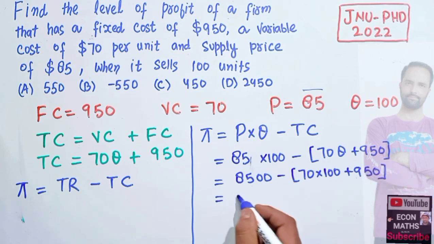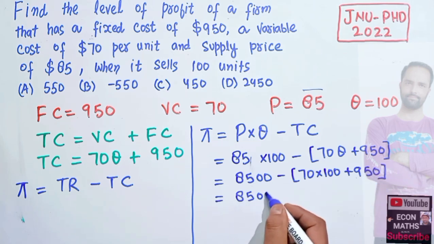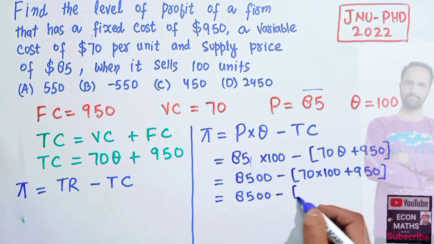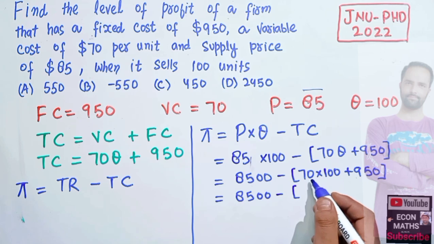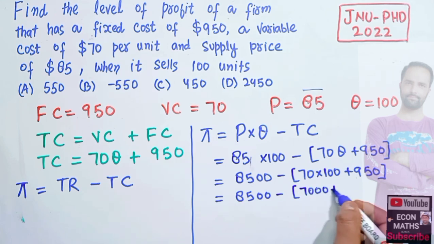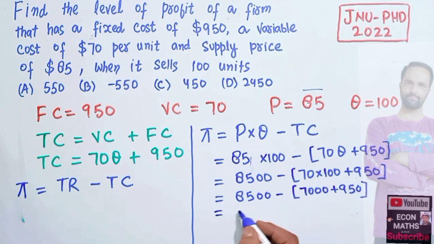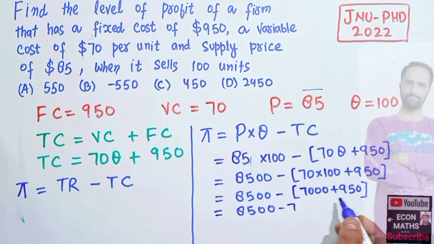Which gives us 8500 minus 7000 plus 950, that is 8500 minus 7950.